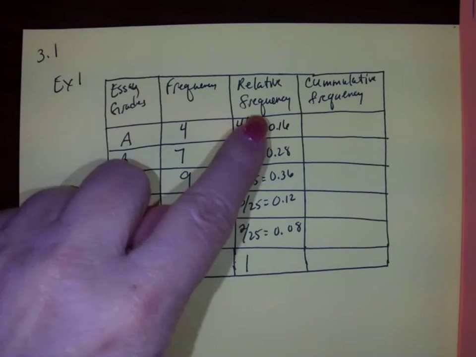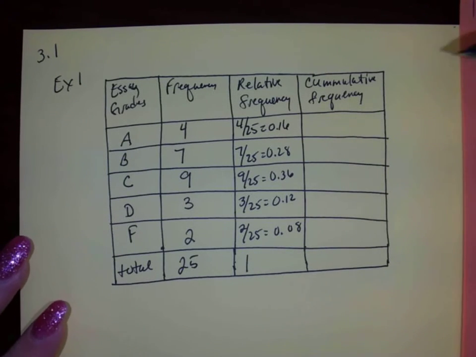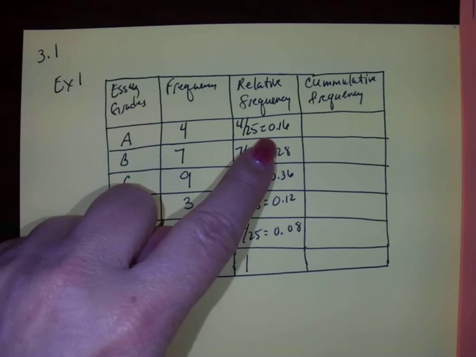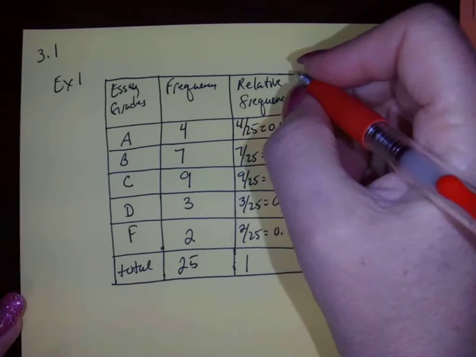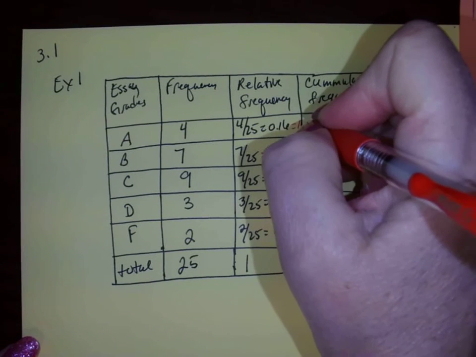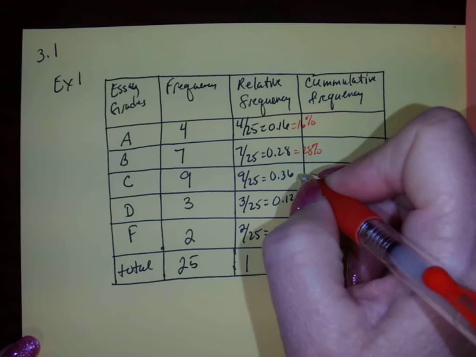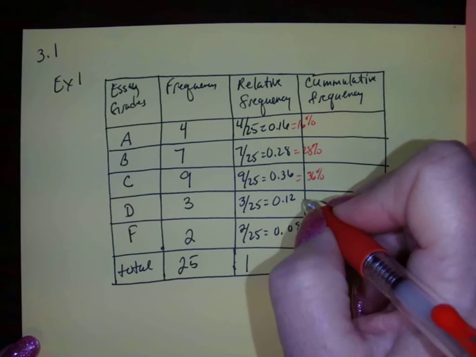Now, the other thing we could do, and I didn't leave enough room on my deal here, I could probably make another column. But we can also write this as a percentage. I'm just going to go over the line. This could be 16%. This would be 28%. This would be 36%.